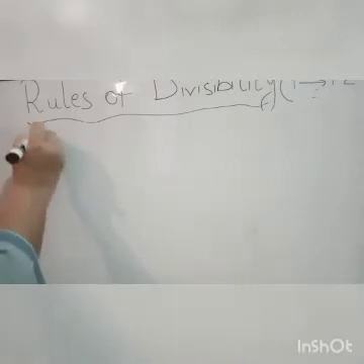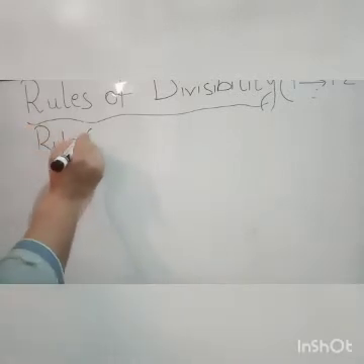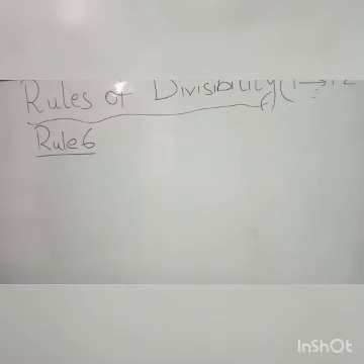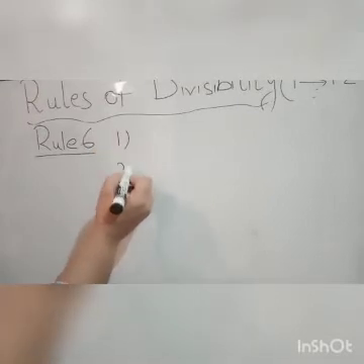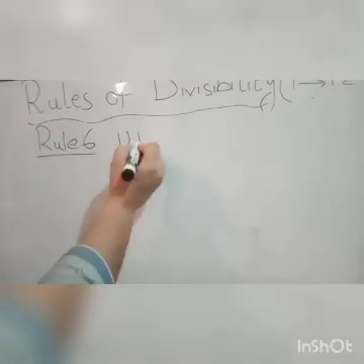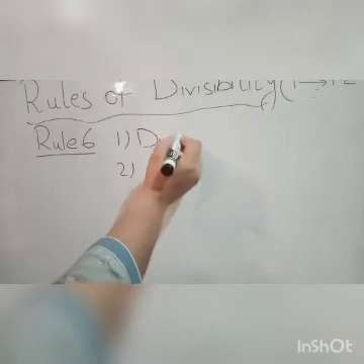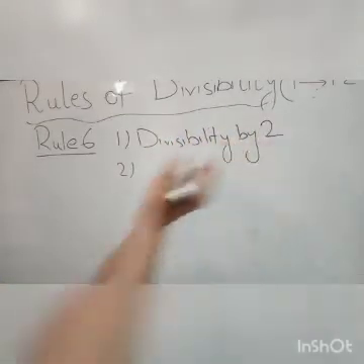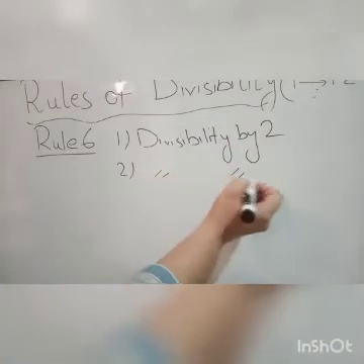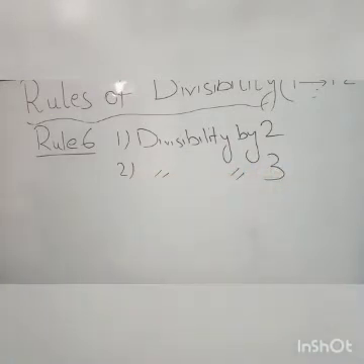The rule for 6 is again very simple. It's not difficult at all. For the rule of 6, you need to understand 2 things. There are 2 points in it. First, check its divisibility by 2. Then check its divisibility by 3. You already know the rules for 2 and 3.